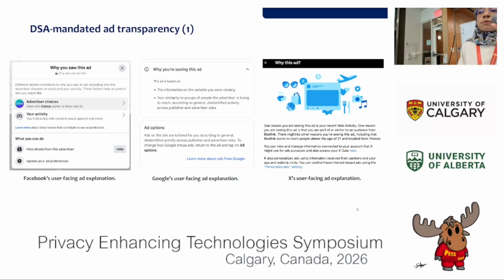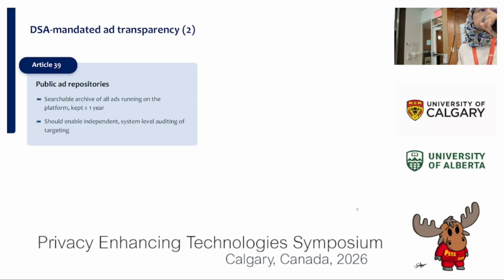In Facebook, for example, they chose two panels, one for the criteria selected by advertisers, and the second for inferences made by Meta. On Google, it's a list of categories for showing the ad, and on X, it's a long paragraph of supposed reasons. The second mechanism is for society at large, for regulators, scientists, and journalists.